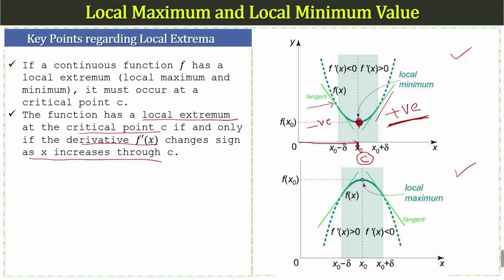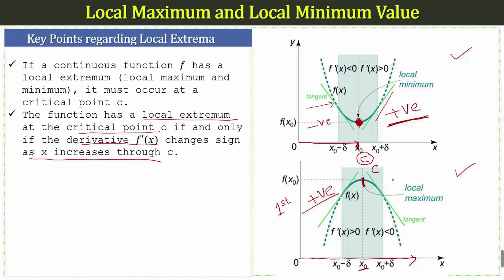Okay, in the second case, we can see that as x is increasing, for example, this is the critical point, that is c or x naught. We can see here the slope of the tangent line is positive, or the first derivative is positive, before the critical point.